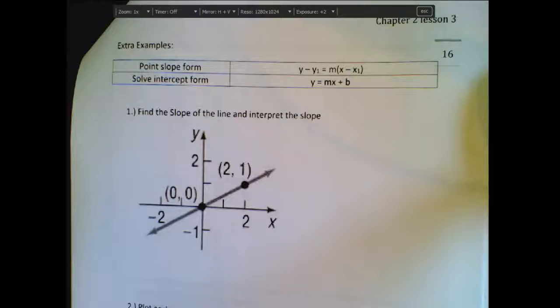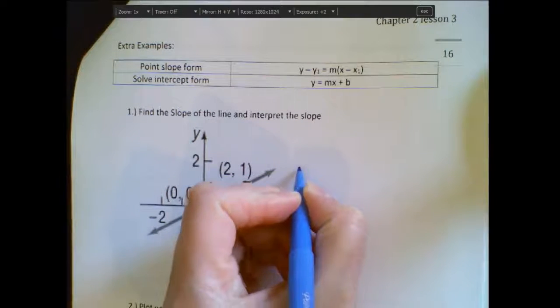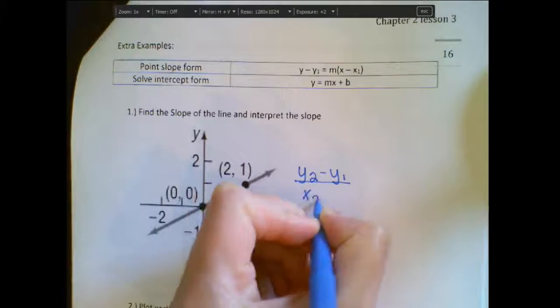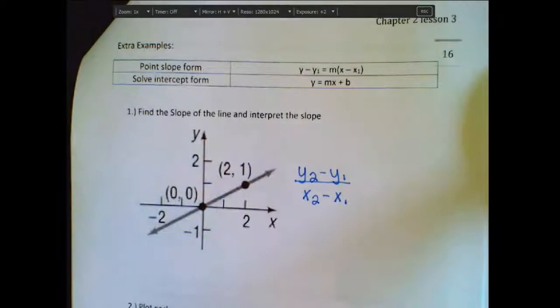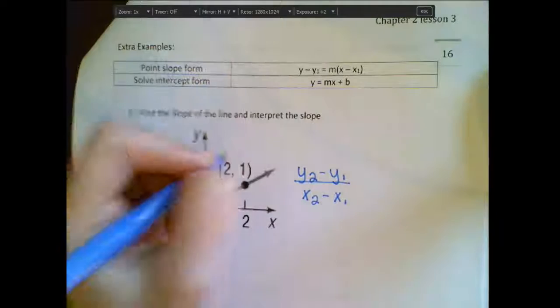Example number 1 says find the slope of a line and interpret the slope. Based on this example, I am given 2 points and I am looking for the slope. When that is the case, I'm going to use the change in y over the change in x. It does not matter which one I label x1, y1 or x2, y2.